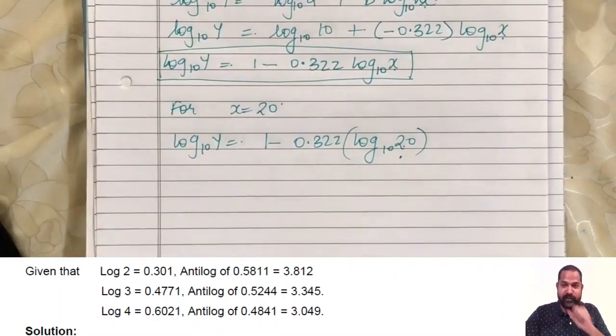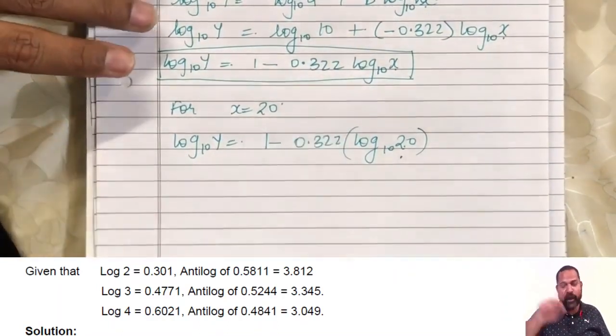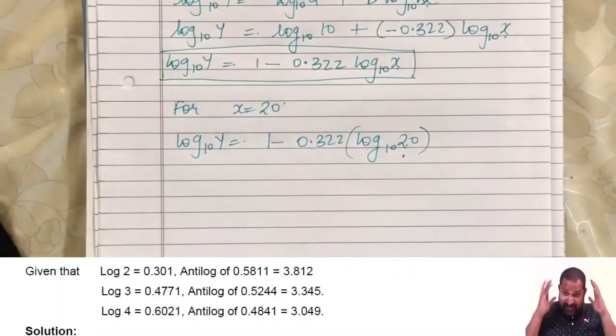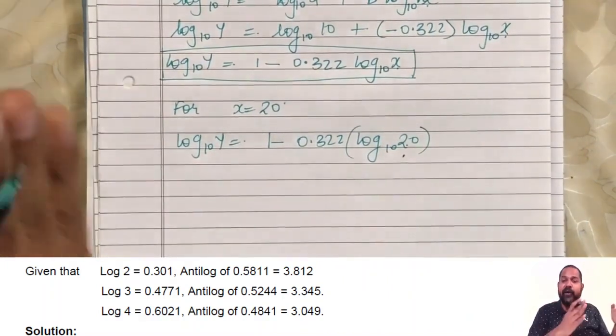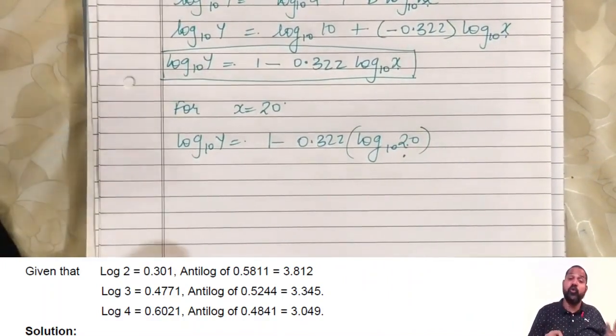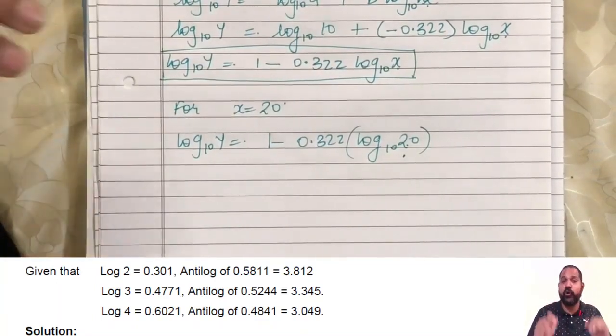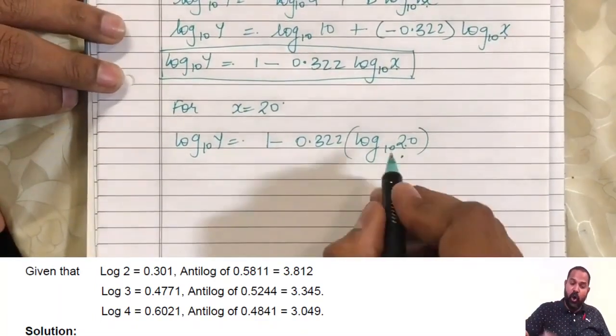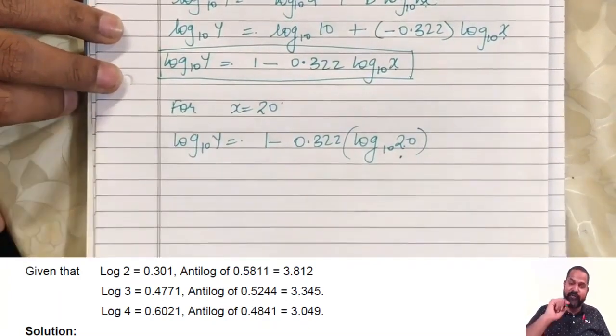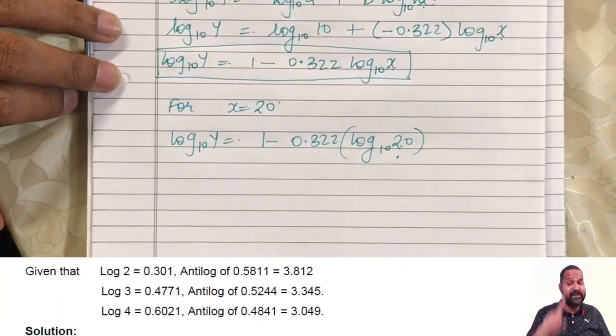And I have told this to you. Log of 2 and log of 20 are the same in mantissa. This is exactly why I did logarithms with you all, so that you don't get stuck at any point. There is nothing that I haven't taught you. Log 20 and log 2 will have the same mantissa.